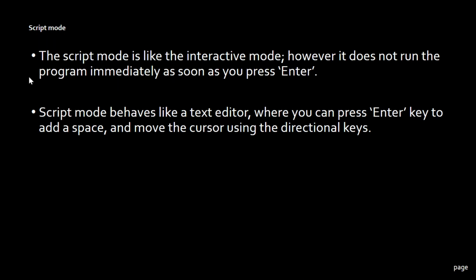As I mentioned, it is also a way to code using your IDLE in the Python programming language. The script mode behaves like a text editor where you can press the Enter key to add a line and move the cursor using the directional keys.